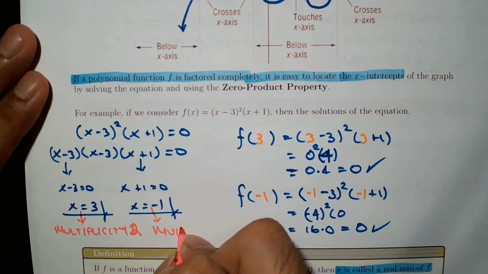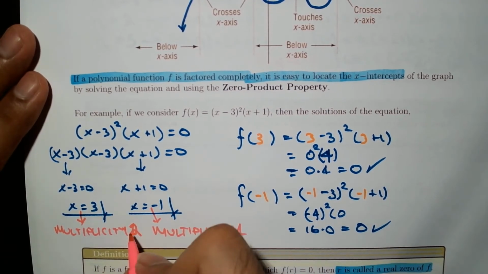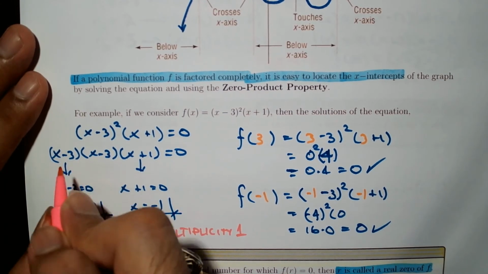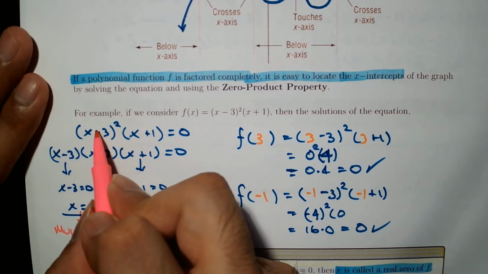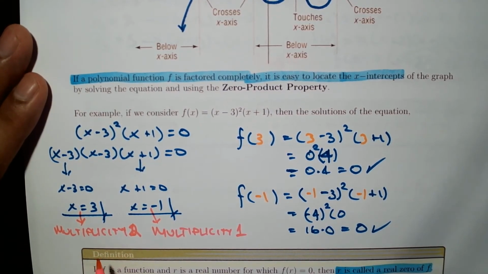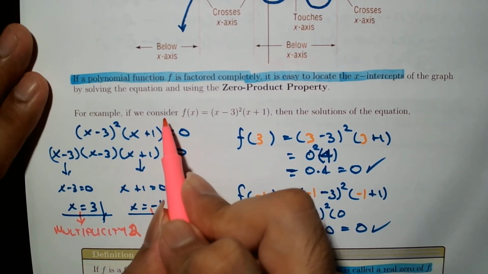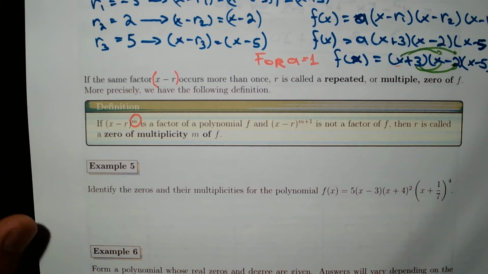This is multiplicity 1. So multiplicity 2 because there's 2 of them, multiplicity 1 because there's only 1 of them. If I had this x minus 3 to the 5th power, then this would be a multiplicity 5. If I had x plus 1 to the 7th power, then it would have been a multiplicity 7.